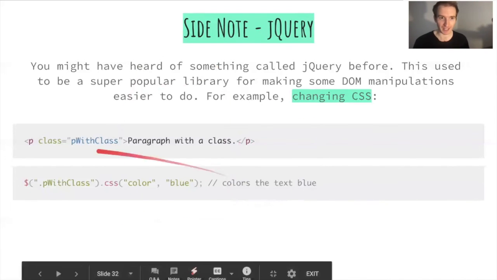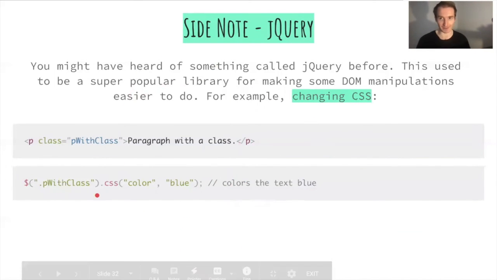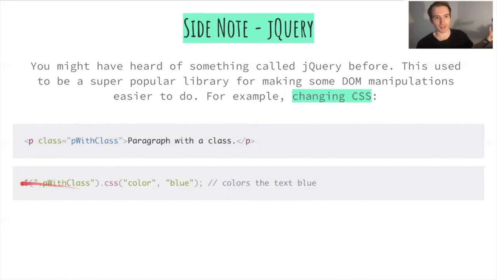So in this example here, rather than this whole document.getElementById and so on, we can just use a $, which is the jQuery shorthand for that library. And we can just use a CSS selector. And rather than having to go style dot something else, we can just put a value in with the CSS here. Some people find this easier than the query selectors.